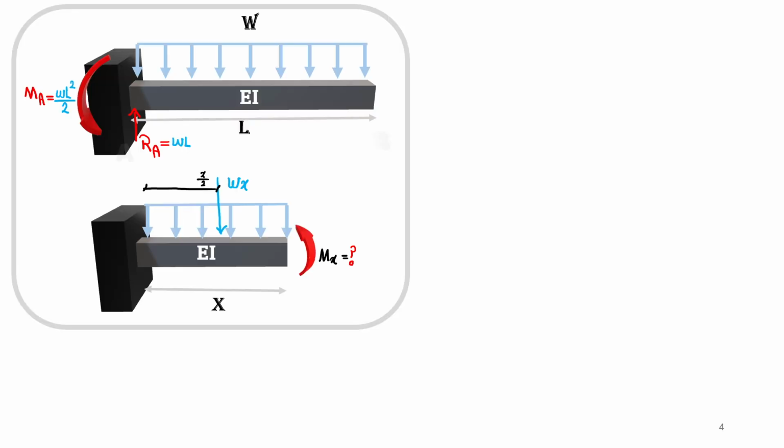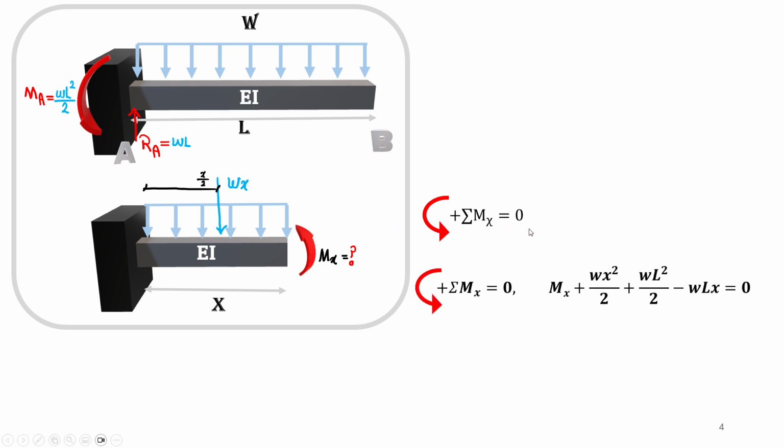If we jot down the moment equation, summation of moment about x equals 0, it gives us M sub x, counterclockwise direction is positive, plus Wx times x over 2, that makes Wx squared over 2, plus WL squared over 2, minus WLx, that's equal to 0.